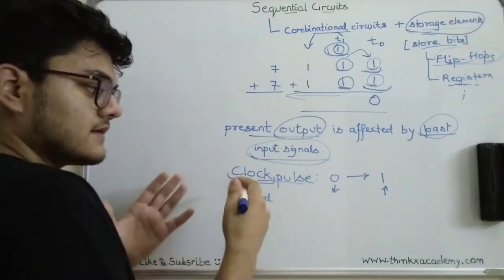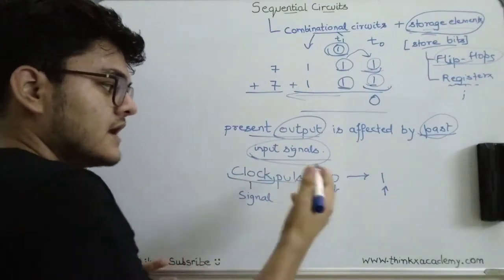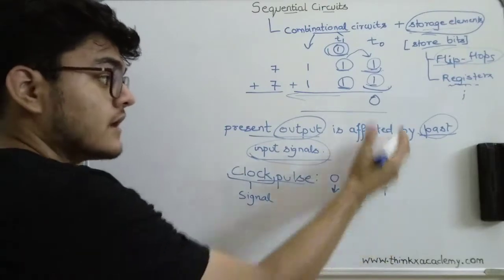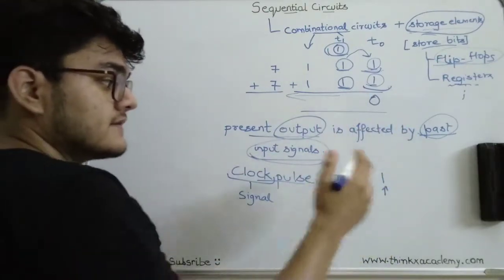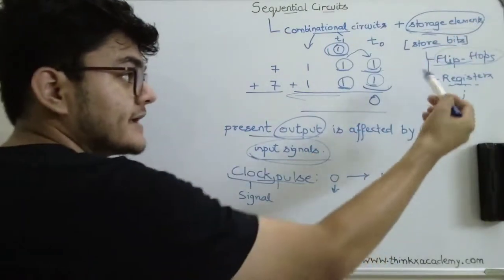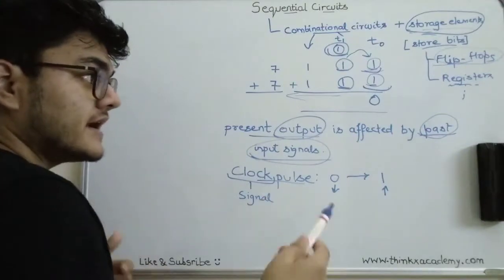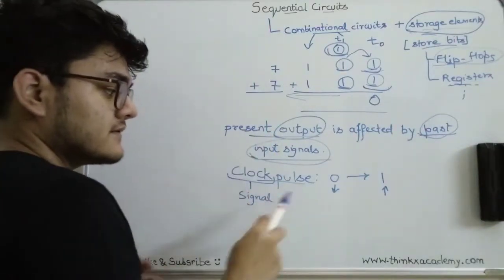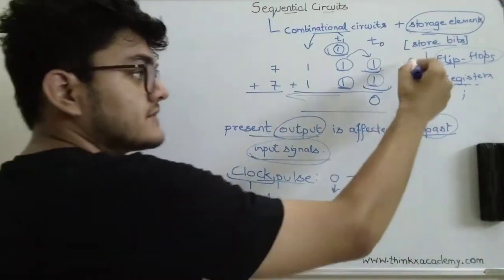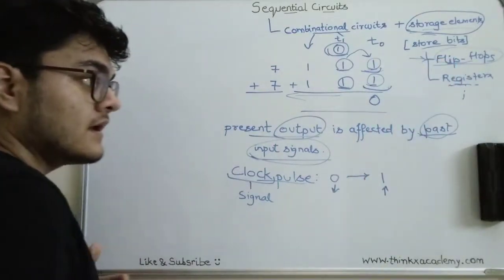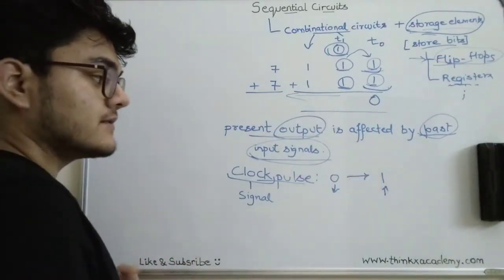So whenever this clock pulse changes from low voltage to high voltage, it signals the storage elements like flip-flops to change the data. You will understand the use of clock more when we study flip-flops, and we are going to do that in the next tutorial.